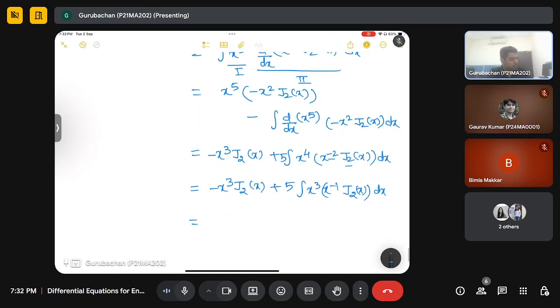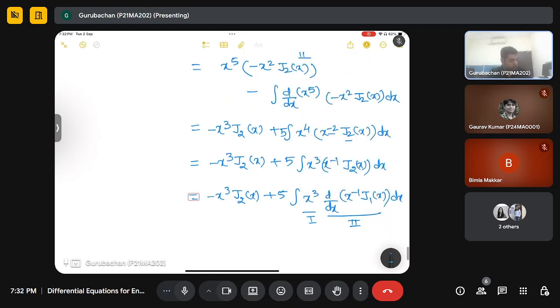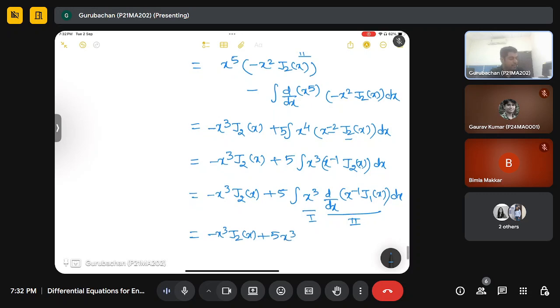So this will give you minus x cube J2(x) plus 5 x cube d by dx of x to the power minus 1 J1(x) dx. So this will be your first function and this will be your second function. So from here, minus x cube J2(x) plus 5, first function will be as it is.